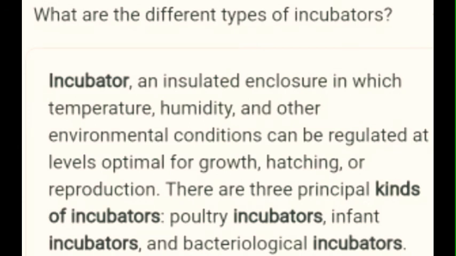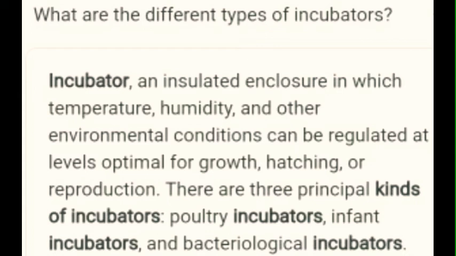What are the different types of incubators? Incubators are insulated enclosures in which temperature, humidity, and other environmental conditions can be regulated at levels optimal for growth, hatching, or reproduction. There are three principal kinds of incubator: poultry incubators, infant incubators, and biological or bacteriological incubators.